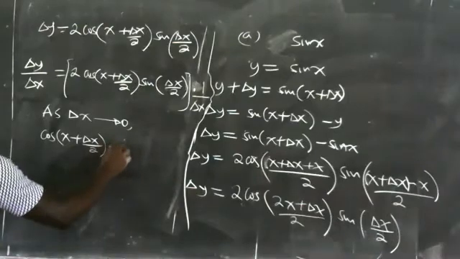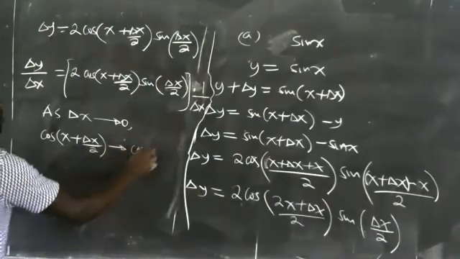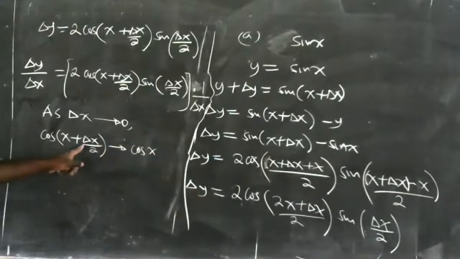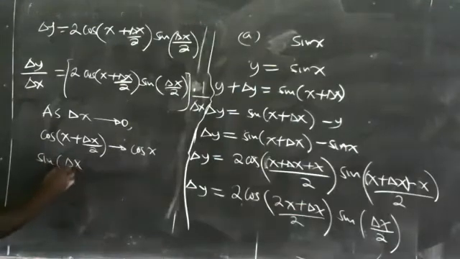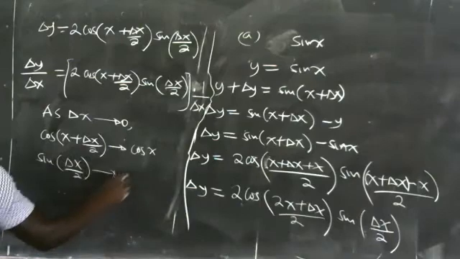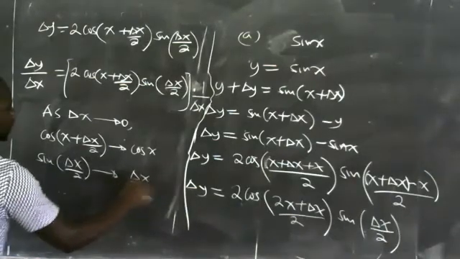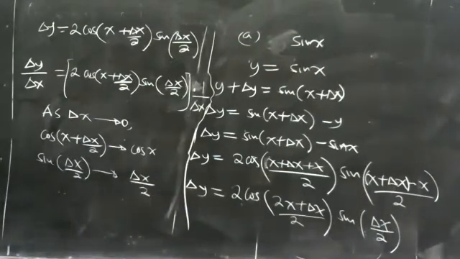Here you get cos of x. This one will go to 0, right? This whole quantity. And the sine of changing x over 2, here you get the same angle, as I gave in the first part.